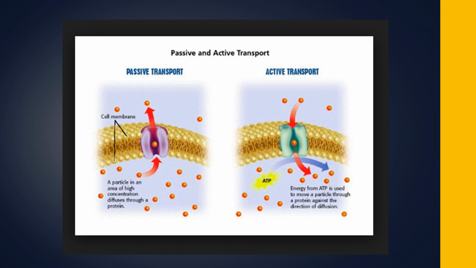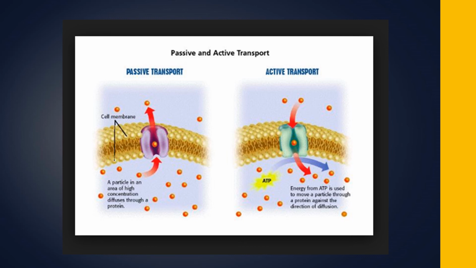To sum up cellular transport, there are two kinds. We have the passive and the active transport. Look at the illustration very well in the presentation, guys. Look into the movement of the substances in the passive transport and compare it to the active transport.